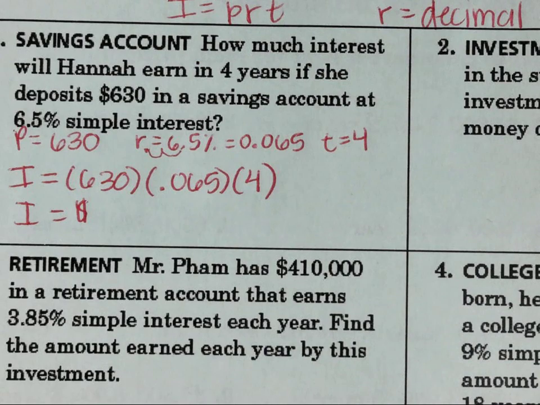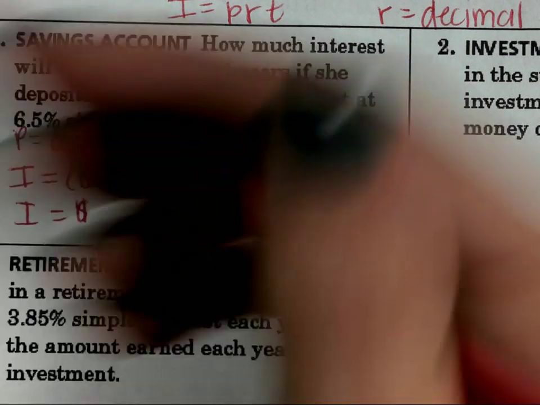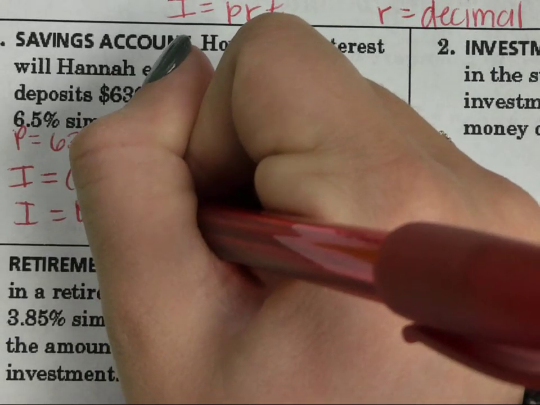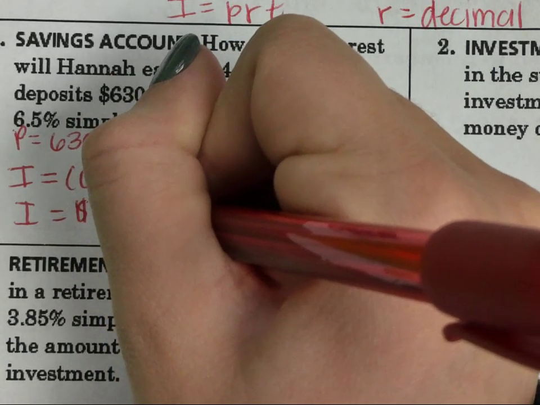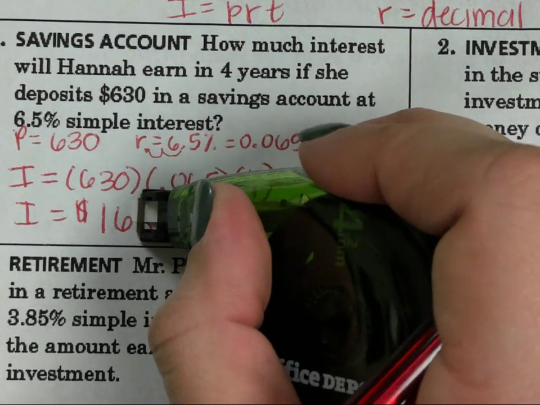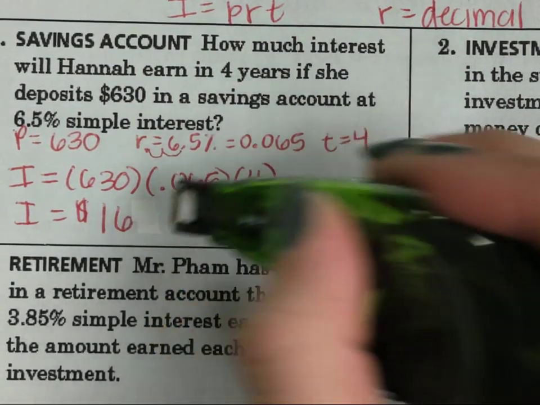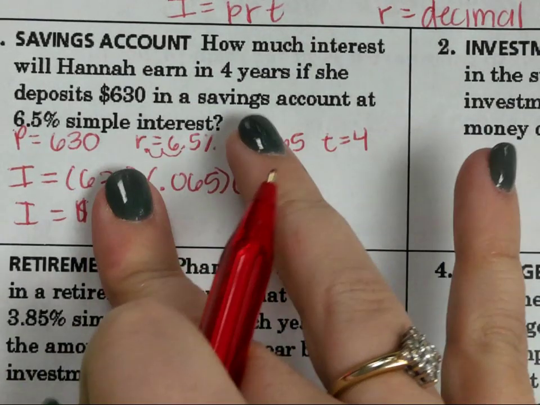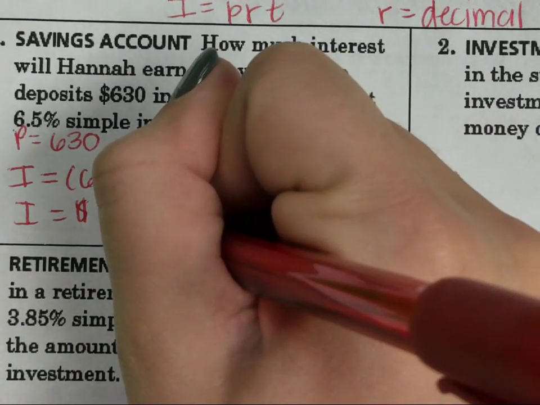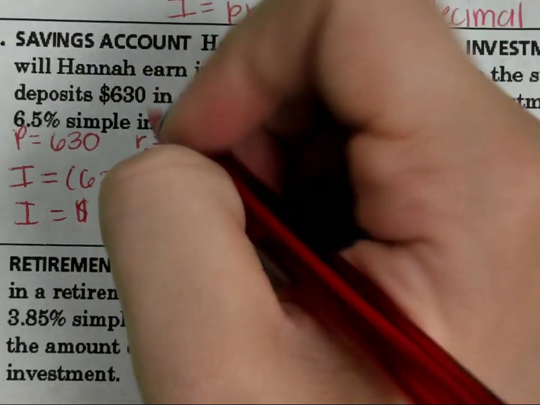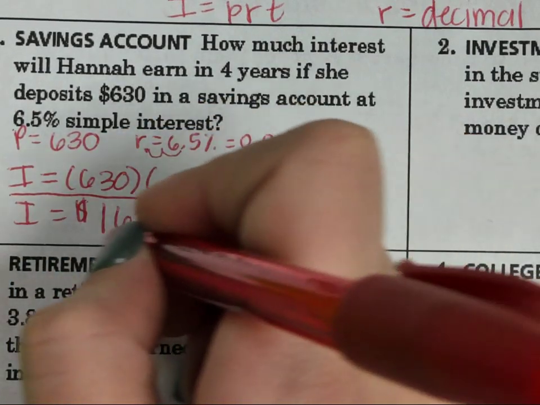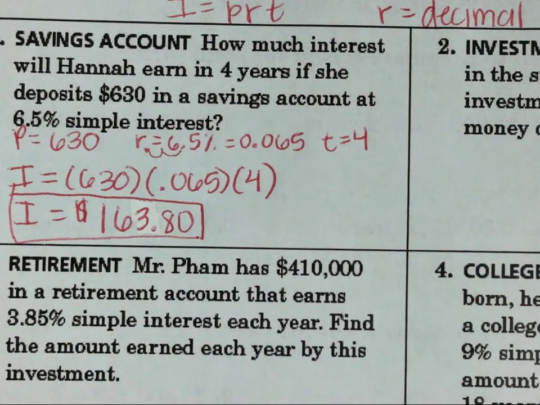So what do you get? 163.8. Do we all agree with that? So if it's 0.8 and I'm writing it as money, what is it going to be? 0.80. Okay. So my simple interest is $163.80.